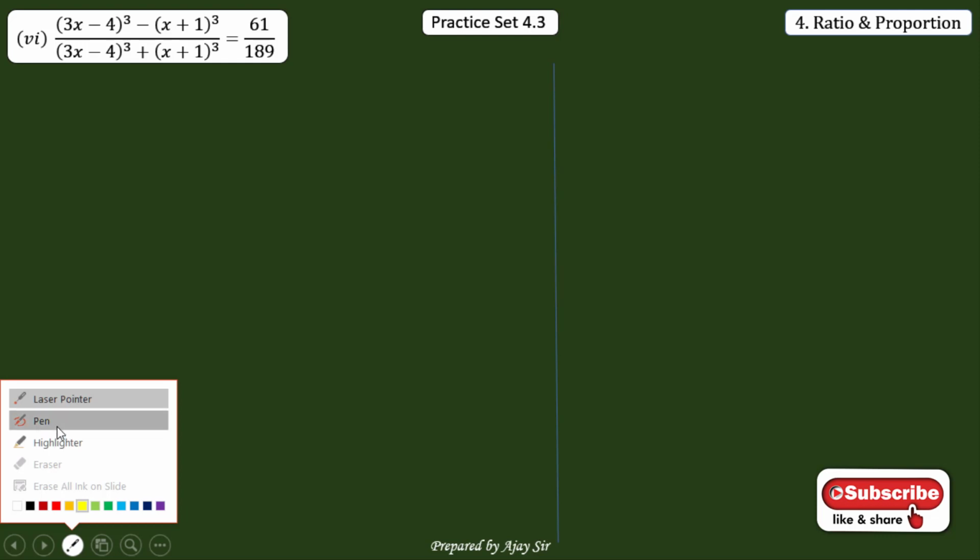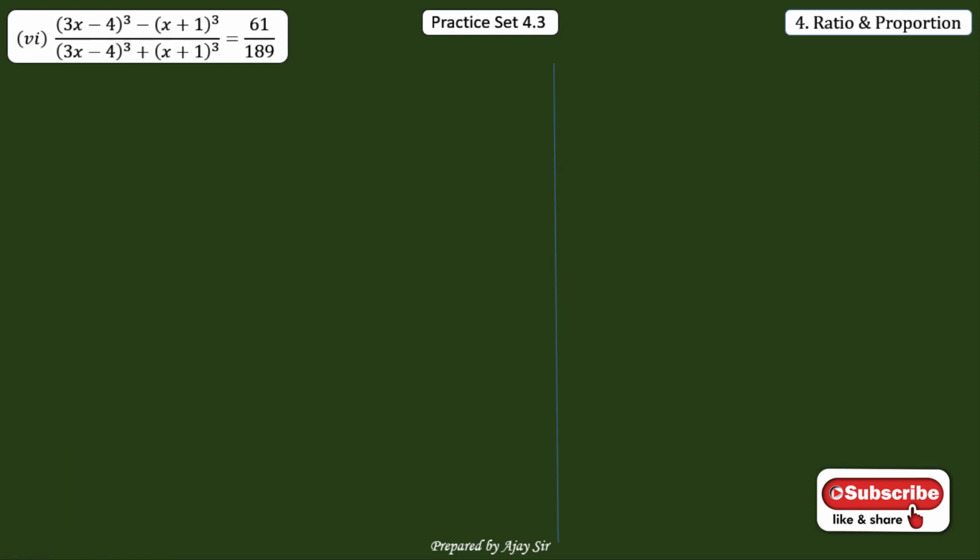So first we write the solution: (3x minus 4) bracket cube minus (x plus 1) bracket cube, divided by (3x minus 4) bracket cube plus (x plus 1) bracket cube, is equal to 61 upon 189.